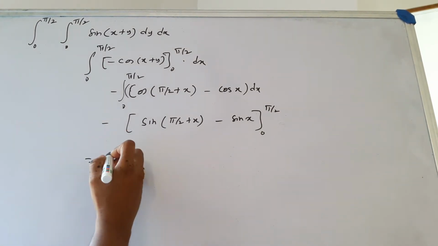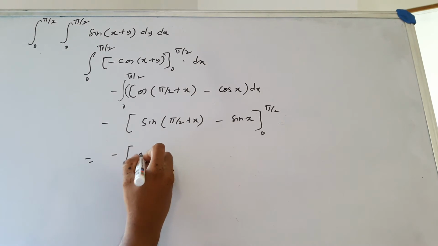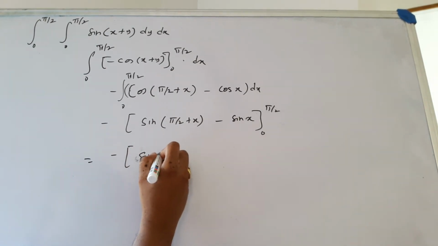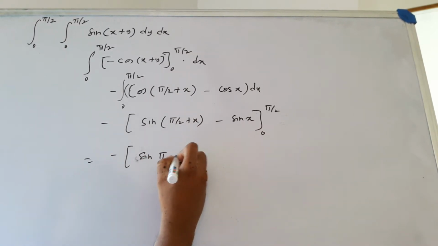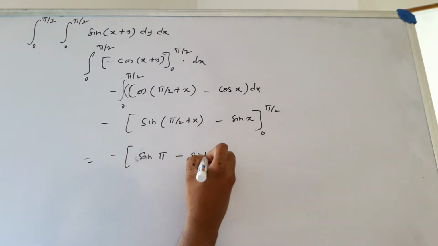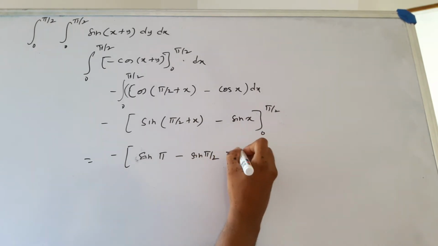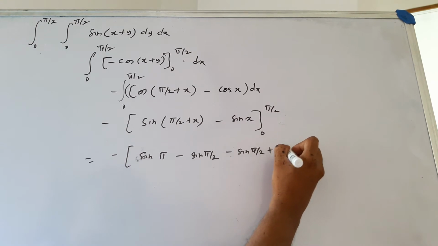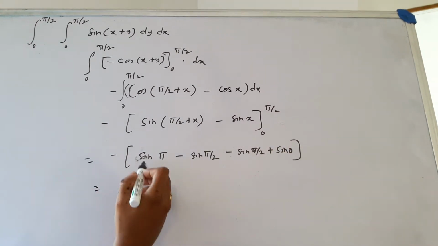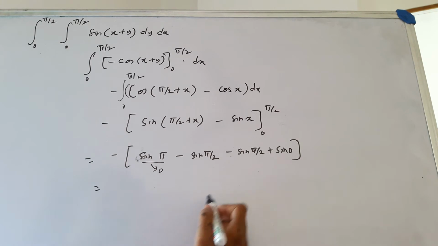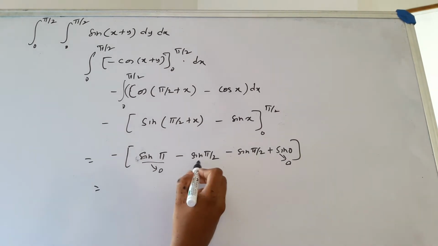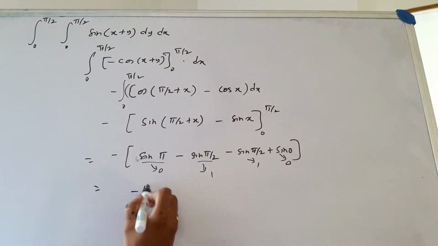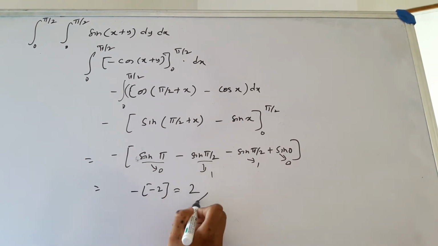Again when I simplify this, this is sine pi by 2 plus pi by 2 will be pi, and minus sine pi by 2, and this is minus sine pi by 2, and this is plus sine 0. So this goes to 0 as well as this goes to 0. So this is 1 and this is 1. So I'll be left with minus of minus 2, which is 2.